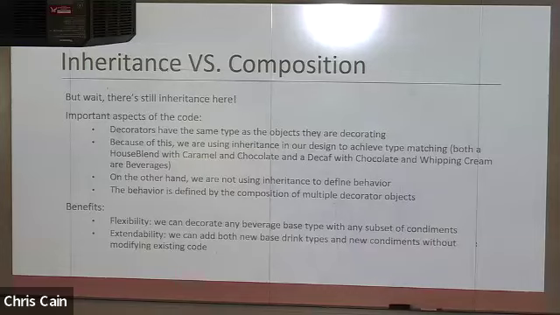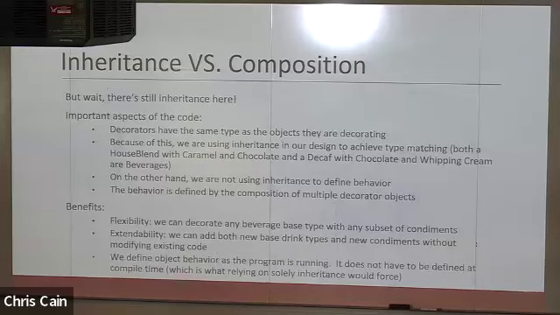We talked about how we can add new base drink types, new condiments, and none of those additions require us to go back and modify the existing code. So extendability is some flexibility here as well, which is good. And then, as I mentioned, we can define object behavior as the program is running. What that means is we can decorate objects during runtime.